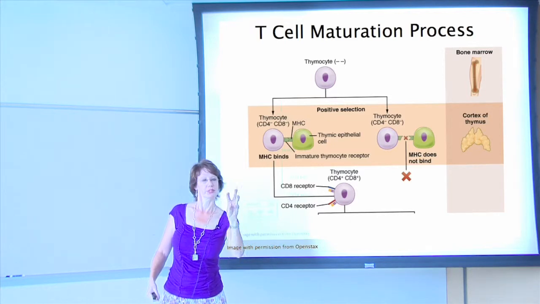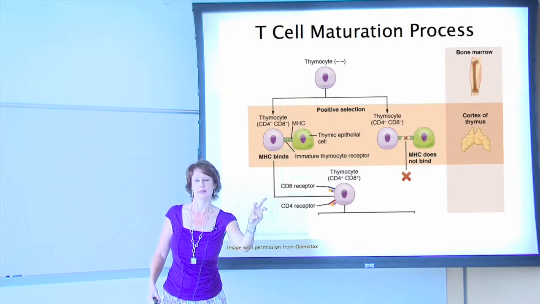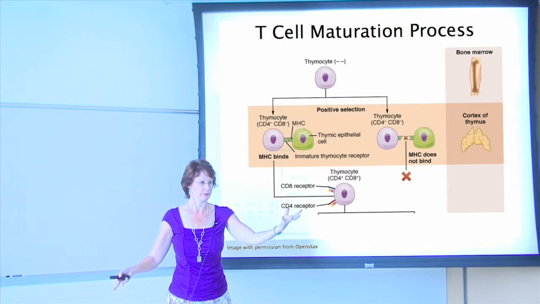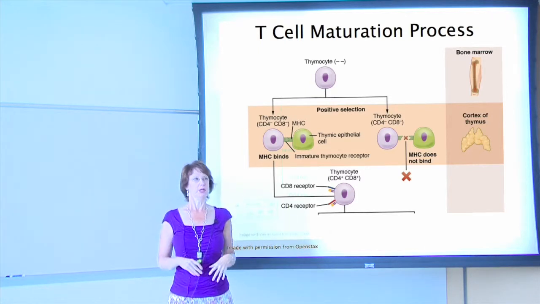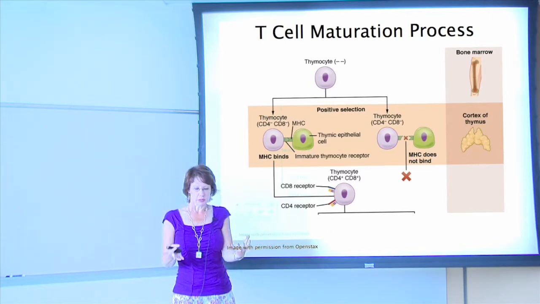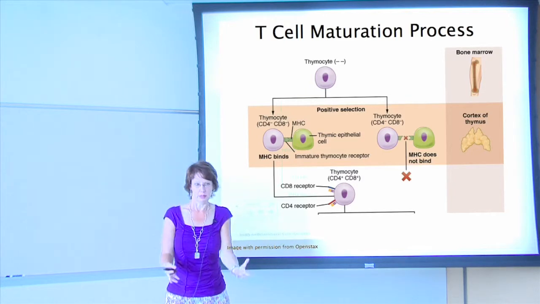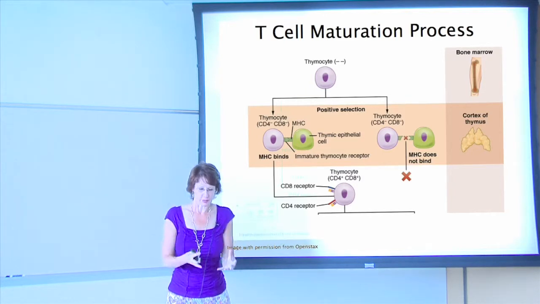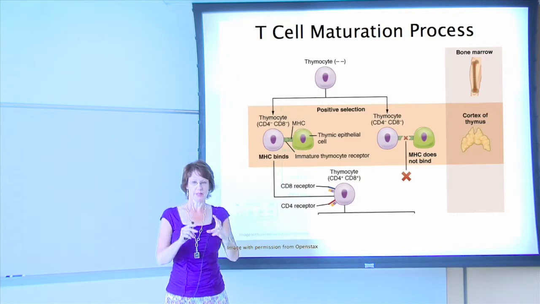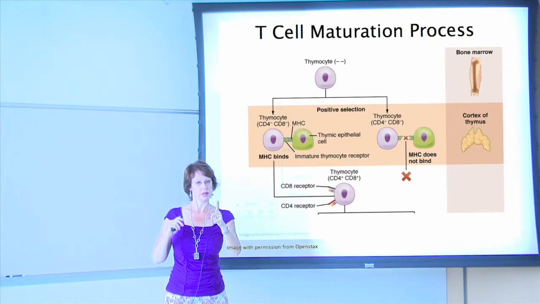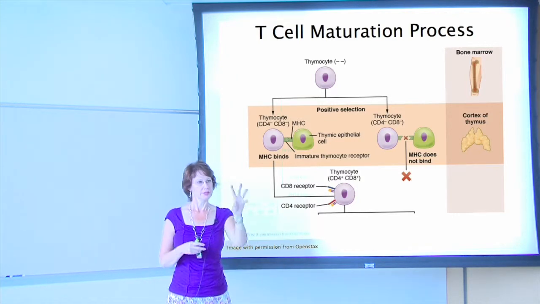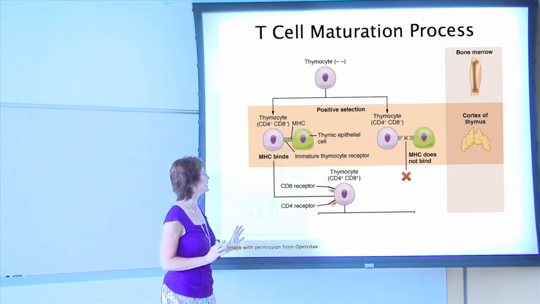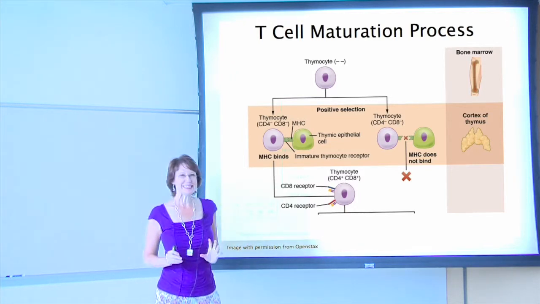And that receptor is the thing that's going to be able to recognize an antigen. Okay? So imagine a T cell gets born in the blood, and in the process of its birth, it makes one kind of receptor. That receptor goes on the surface of this cell.